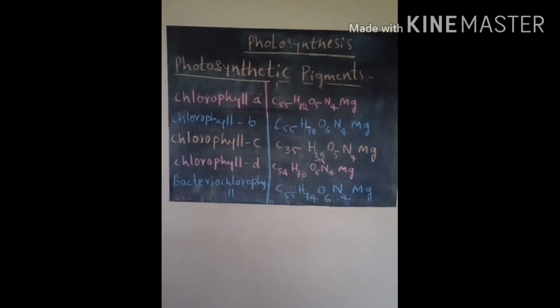Usually in transmitted light, chlorophyll appears green in color, but in transmitted light, the chlorophyll B molecule appears yellowish green in color. Usually the chlorophyll B molecule absorbs the blue and red wavelengths.